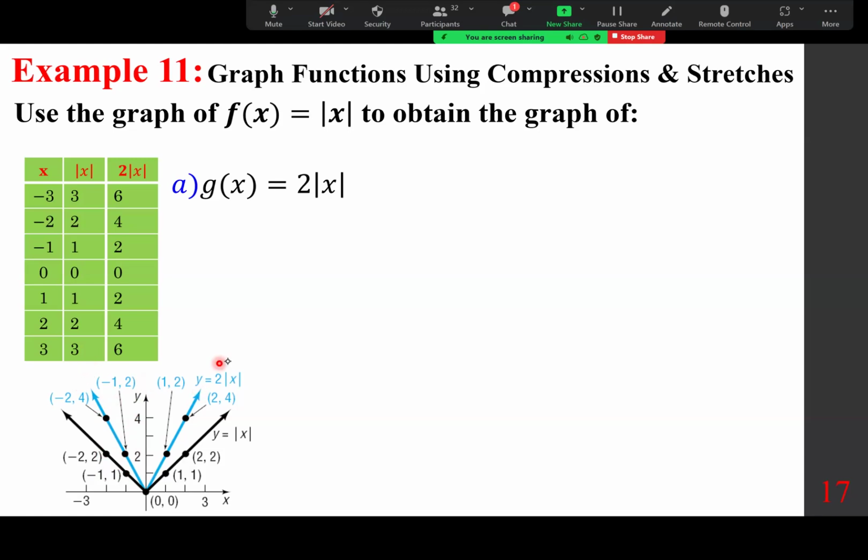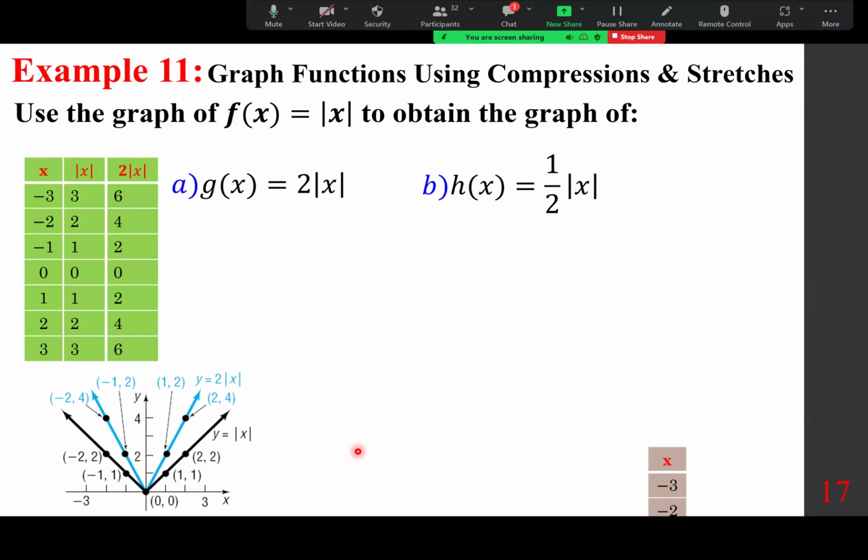So it gets closer and closer to the y-axis when you multiply it by a number larger than 1. If you multiply it by a fraction, for example 1/2, as we are going to do here, this becomes sluggish and gets closer to the x-axis.